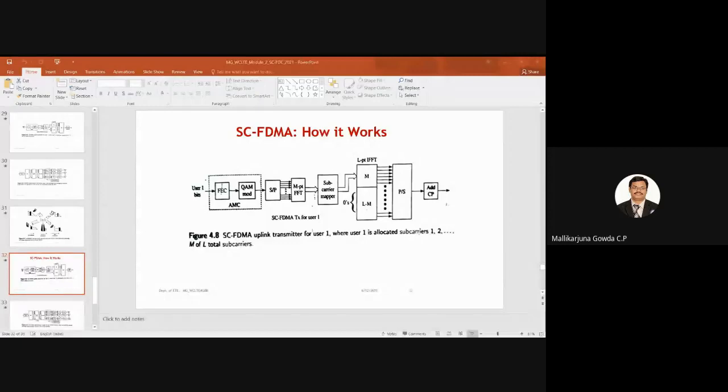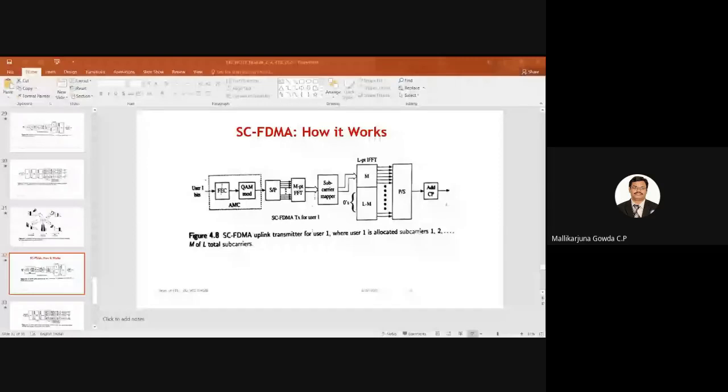With respect to the block diagram, I'm conveying it here. You all know what SCFDMA is, right? That is single carrier frequency division multiple access. Here you should be able to differentiate how this SCFDMA is different from OFDMA. I said OFDMA is preferred for downlink and SCFDMA is preferred for uplink in LTE.